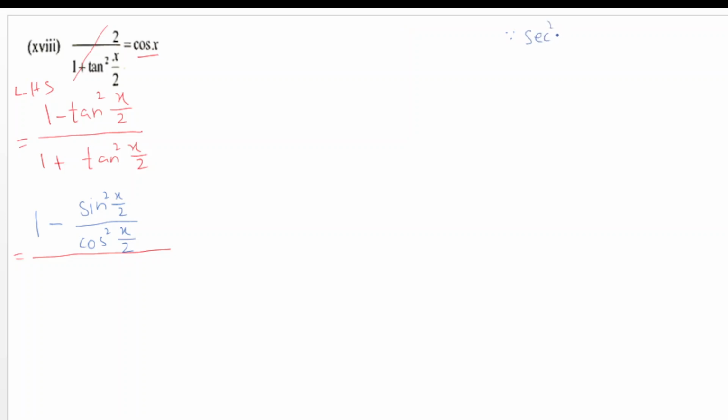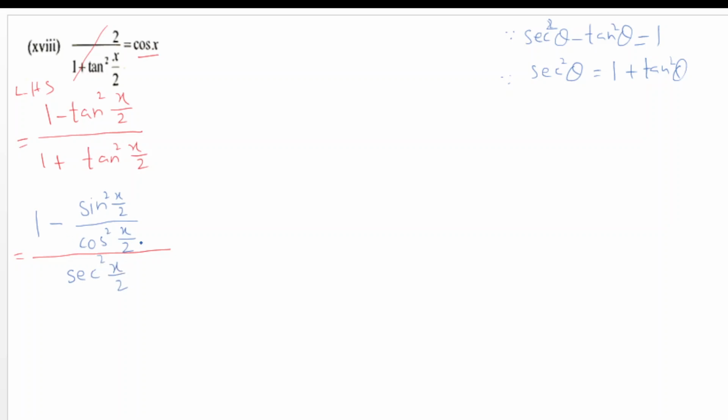Secant square theta minus tan square theta is equal to 1, you can learn like this, s minus t, in alphabet, s minus t are in order, s, t, u, v like this. Okay, so secant will remain here and then 1 plus tan square theta. So look here, as the theta is in the form of x by 2, so it will be here secant square x by 2 like this.